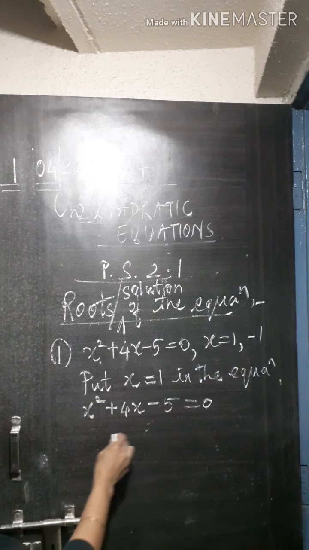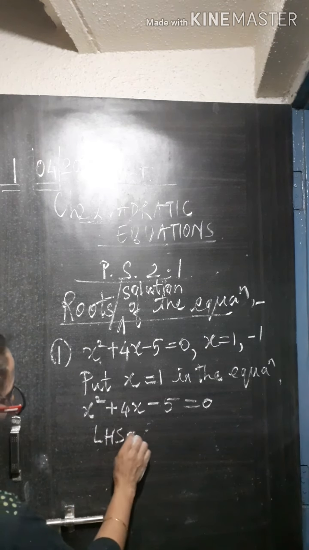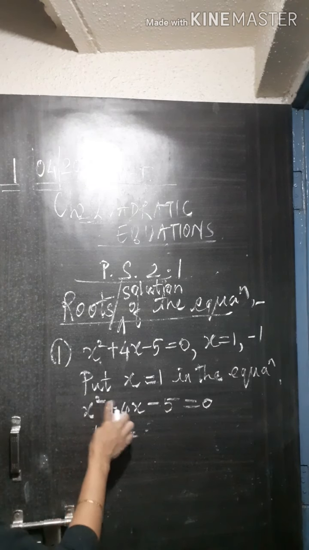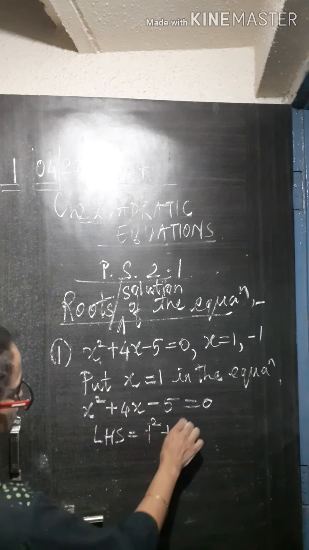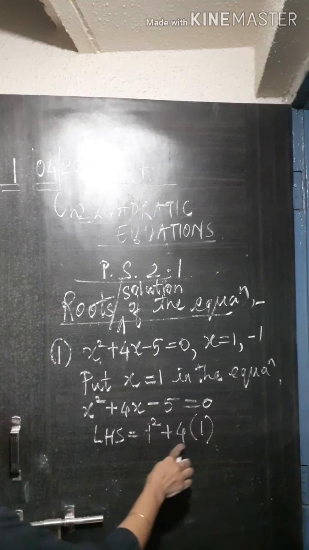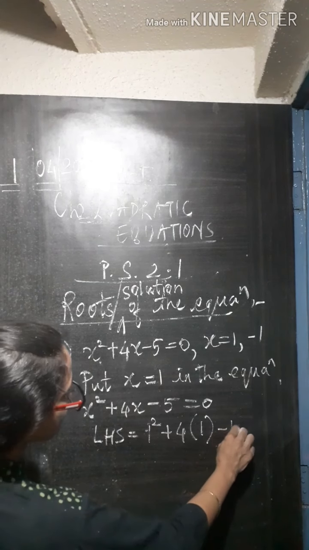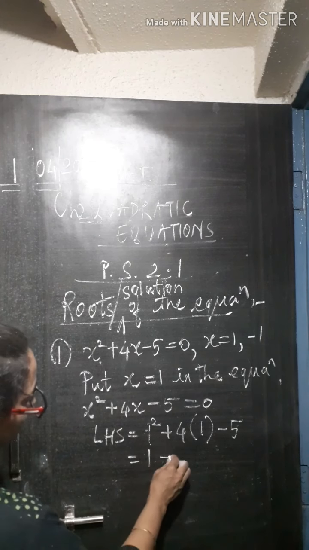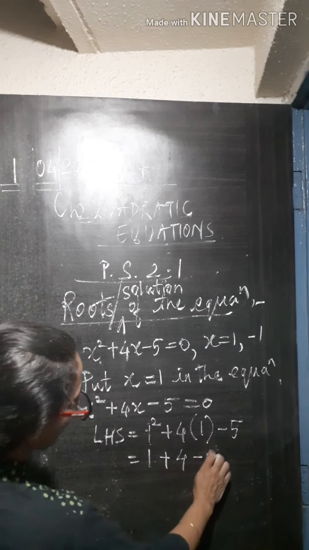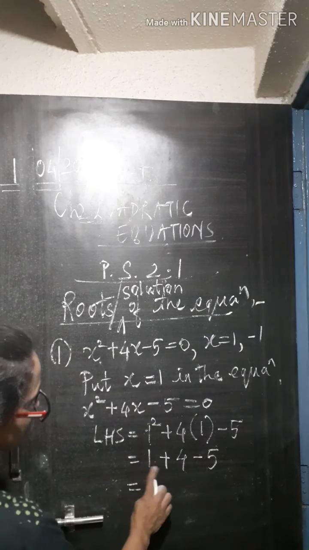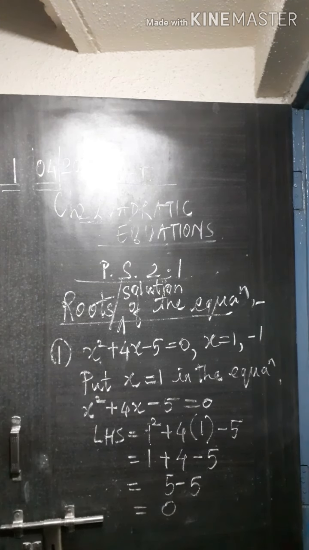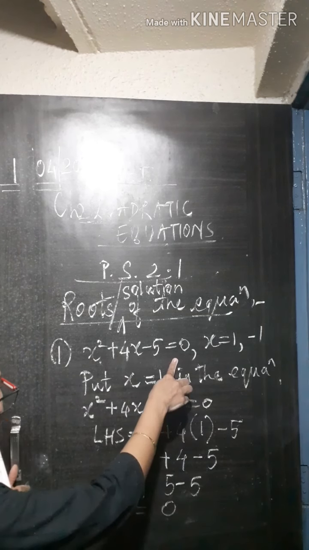So if I put x equal to 1, my left hand side becomes, wherever x is there, x square becomes 1 square plus 4 into 1 minus 5. What is 1 square? 1, plus 4 ones are 4, minus 5. So 4 plus 1 is 5, minus 5 will be 0. That means this left hand side is equal to 0 and right hand side is already given 0.